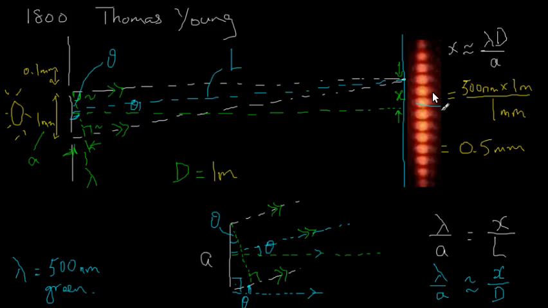So it would be really good if there is some way we can change this setup so that the fringes become narrower. And indeed, there is such a way, and the way to do it is by adding more gaps.